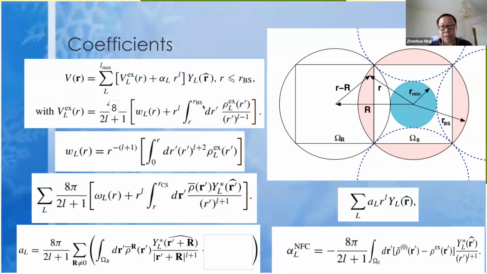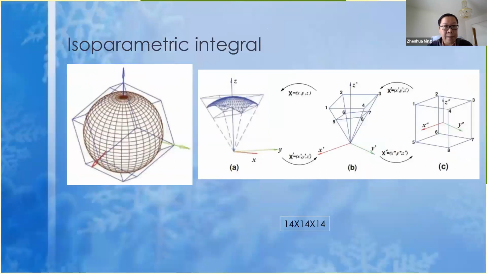They tested their result; this is the isoparametric integral that they used. They divide the VP into several pyramids, and then flatten the inscribed sphere surface to a plane, and then distort this part to a cube.